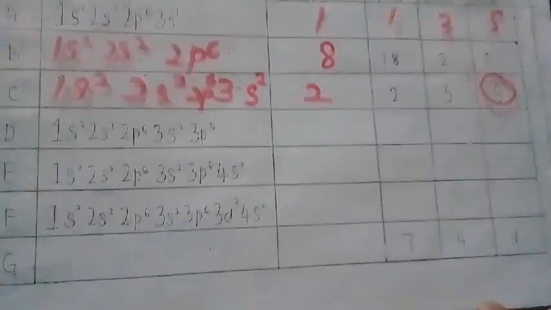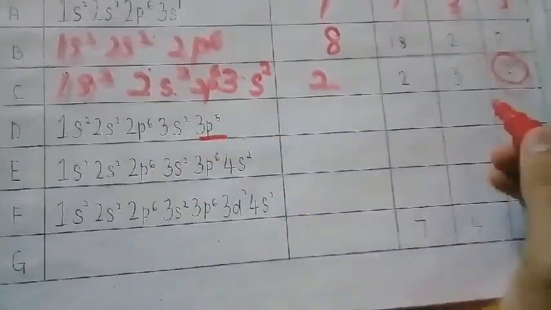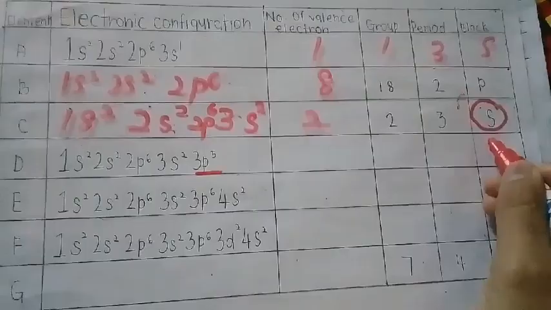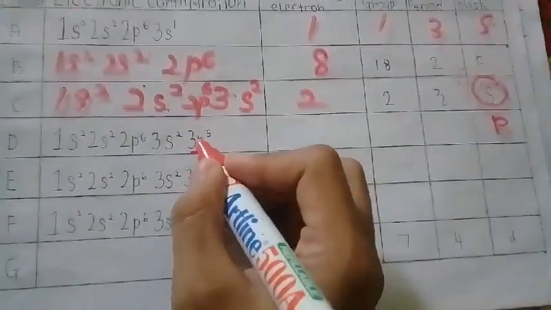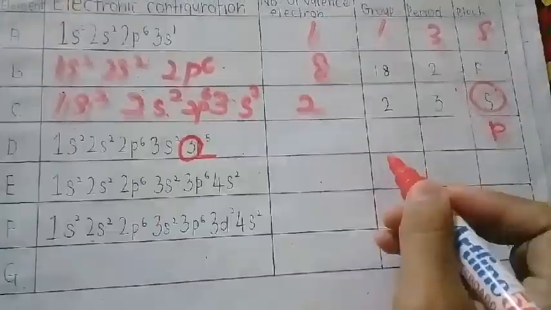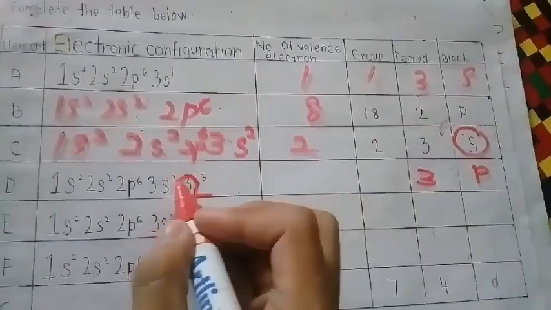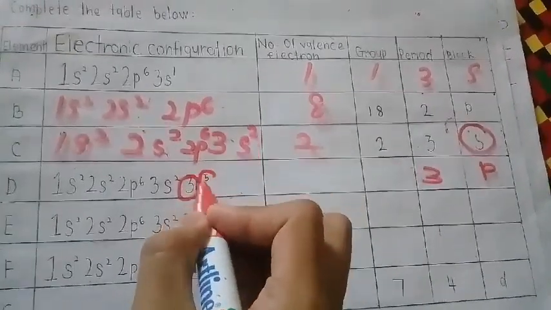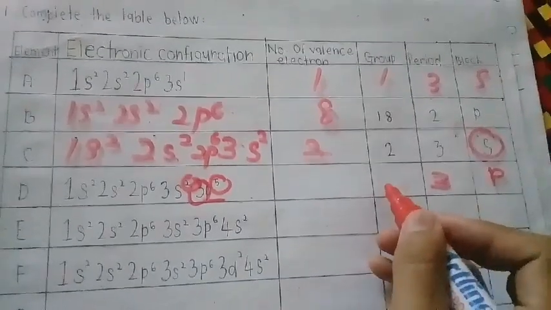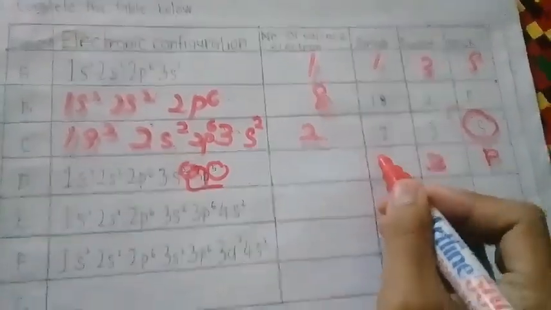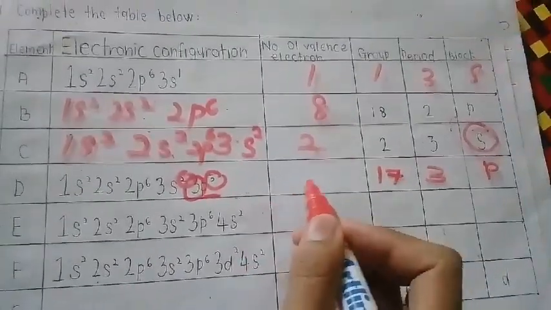For D, the block is P block, so we write P, and the period is period 3, we write 3, and the group is group 5 plus 2, add up with 10, so equal is 17, and number of valence electron is 7.